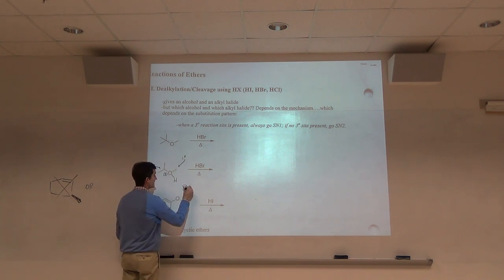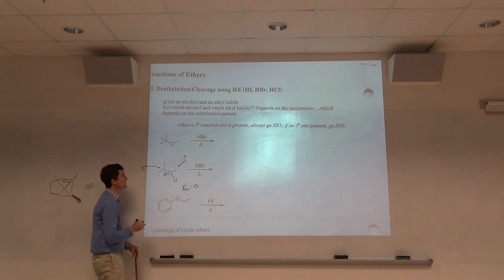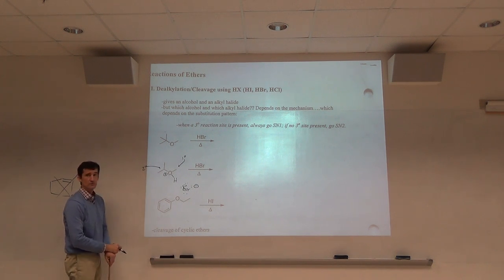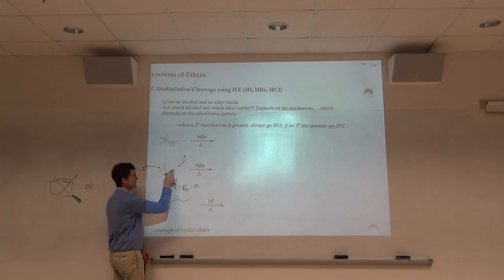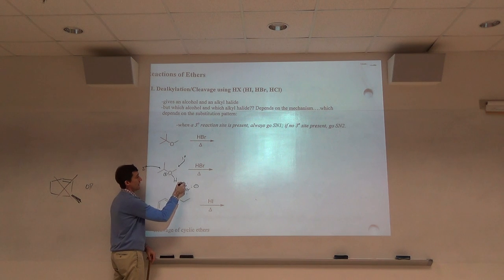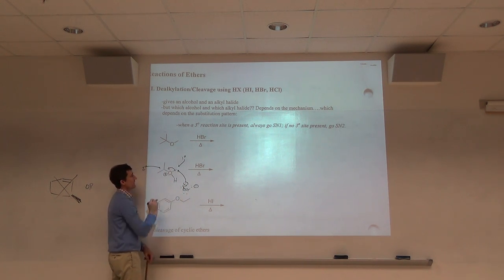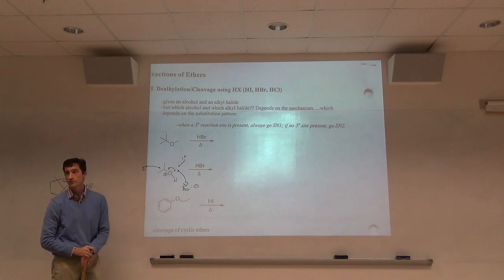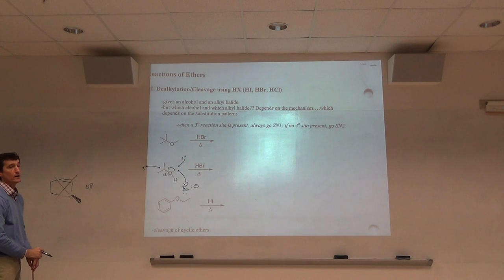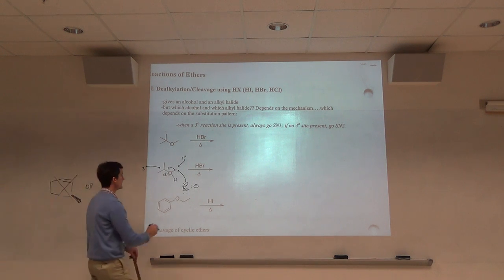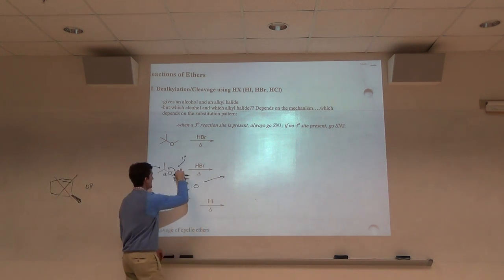So we have Br minus, and we want to do an SN2. Where is it going to attack? Is it going to attack the left carbon or the right? It will attack the right, kick that off. What do you get? Show the products. Good old SN2. That is a methyl out there.